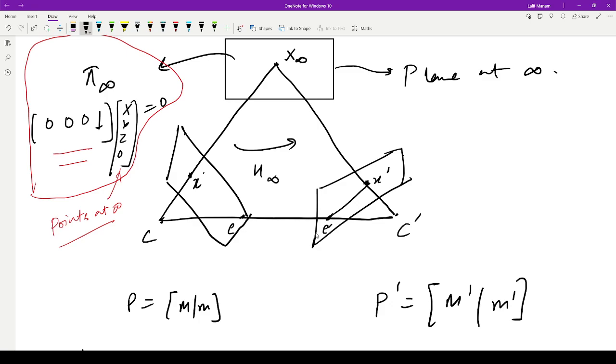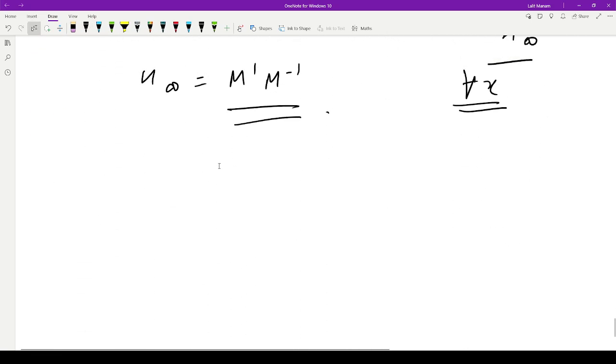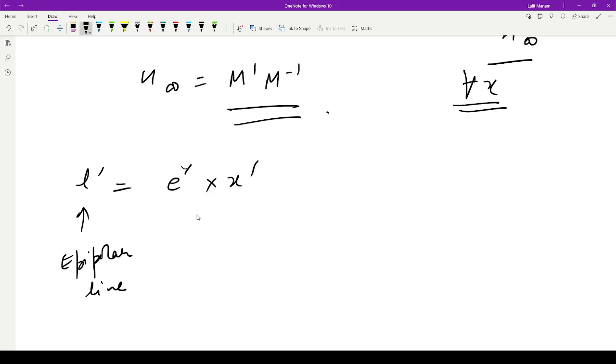The whole thing is about finding the epipole E prime, right? Yes. Okay. So if we find the epipolar line, which is some cross product of epipole and the point, then we are done.